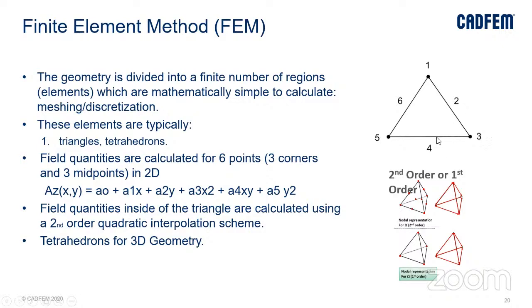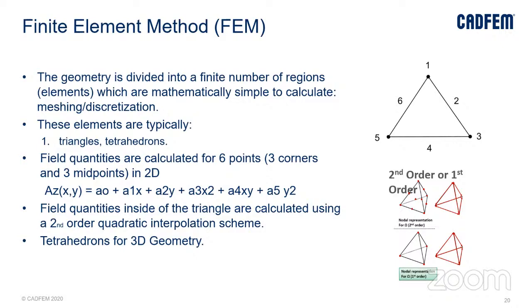But there is a query about how the internal part of the triangle is addressed. To address that, we have second order polynomial equations, which automatically address the inner part of the triangles. So whatever the geometry is, in 2D it will be discretized into multiple triangles, and the field quantities will be computed on those triangles at the corners, in the middle, and even at the center.